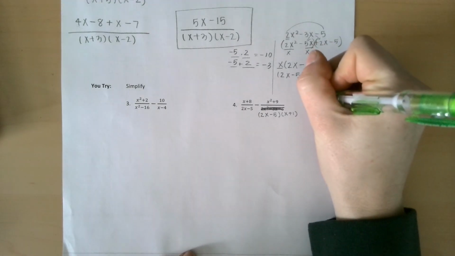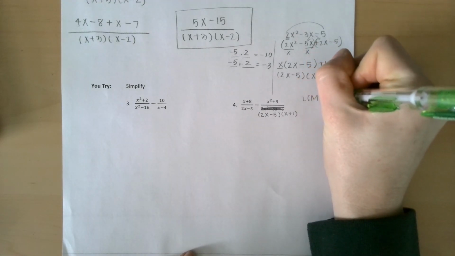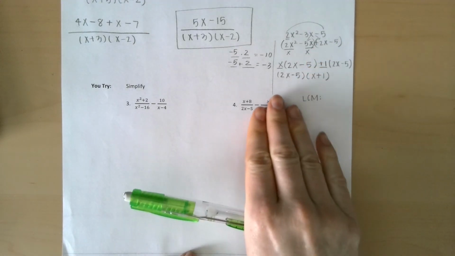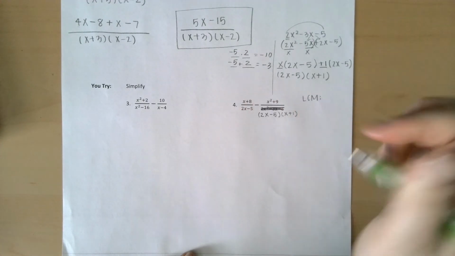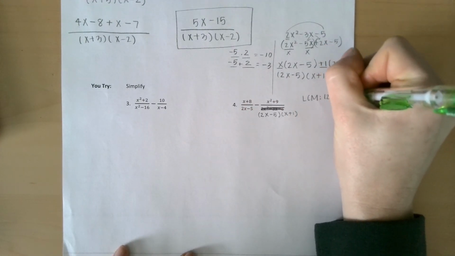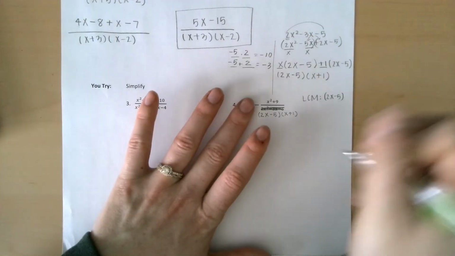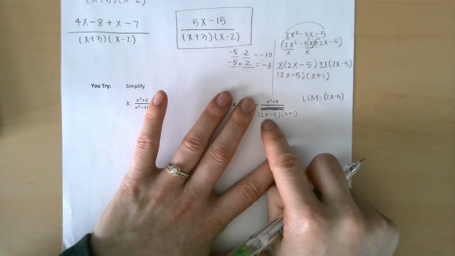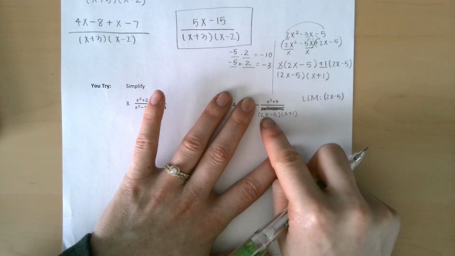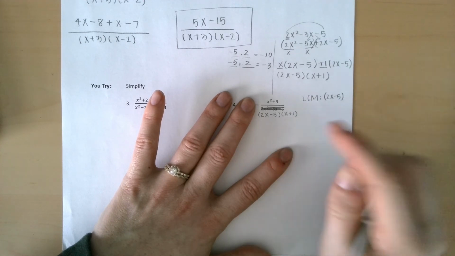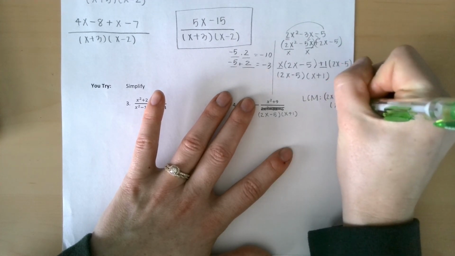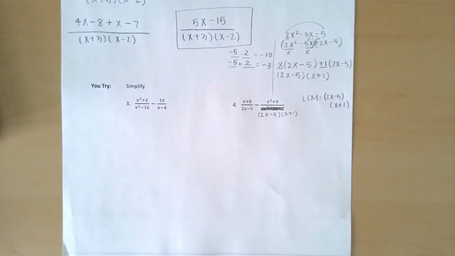Once it's factored, we can go ahead and find our LCM. My first fraction had 2x minus 5, so I want to make sure I have that. My second fraction has 2x minus 5 again. I already have it written, so I don't need to write it again. But it also has x plus 1, so I'm going to include that in my LCM.